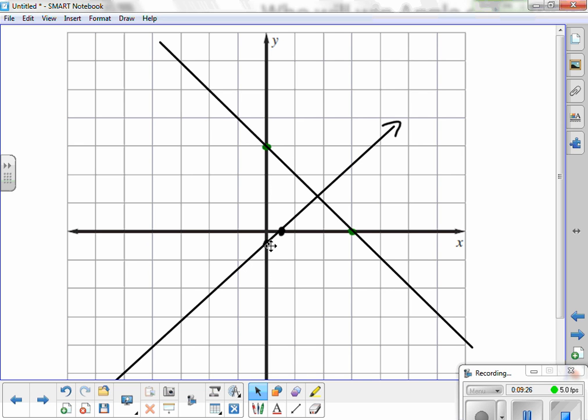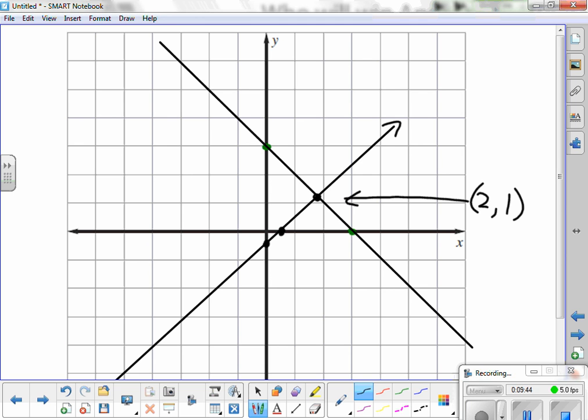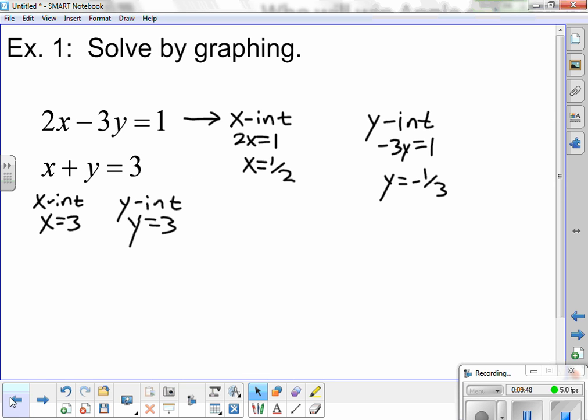These 2 points are approximations. They're not even really getting there. So that's one of the problems with graphing.